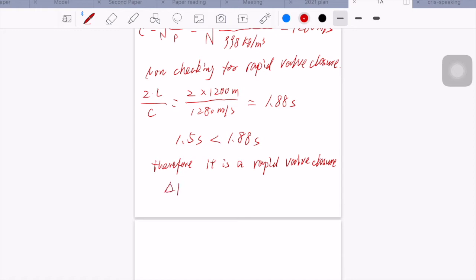So delta P equals rho times C times initial velocity in the pipe.